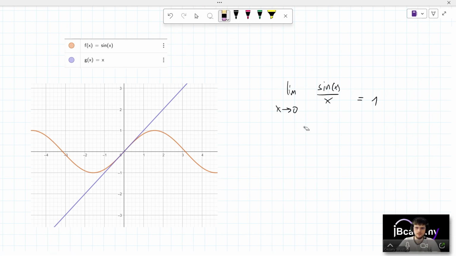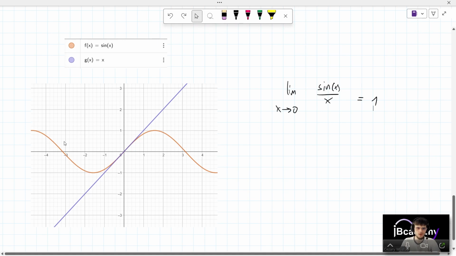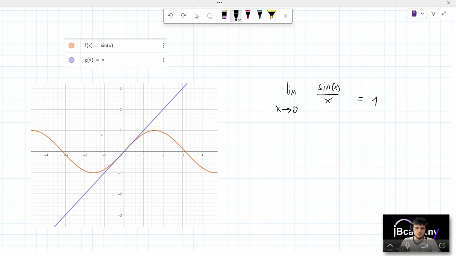So if you look at the function of sine of x, if you zoom closer into what is happening around x equals 0, because we're trying to make x approach 0, right? So we're trying to worry about how this function is behaving when we're close to x equals 0.